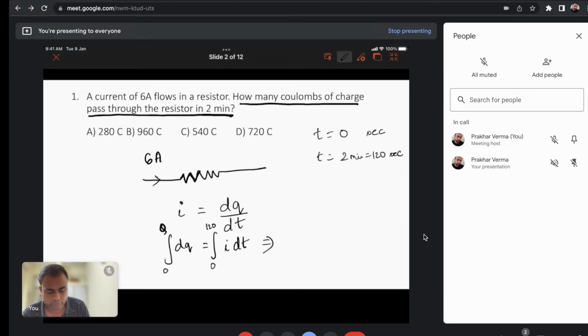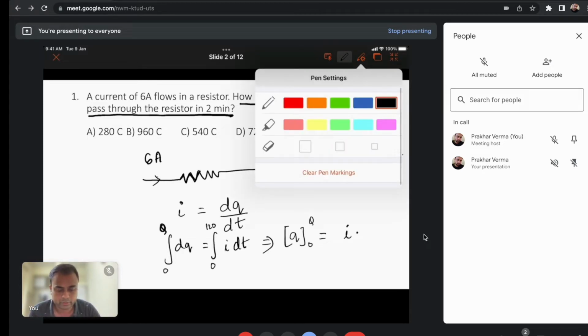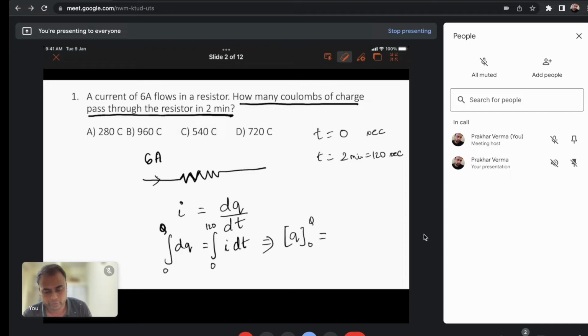So integrating this side, we get q with limits 0 to capital Q is equal to integral of I dt. Again, I is given as a constant quantity, so we'll replace the value of I with the constant value, that is 6 ampere.